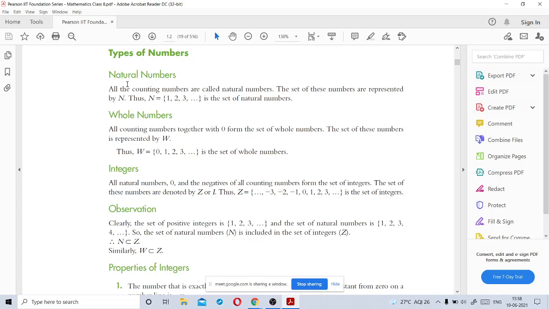Let us recollect them. First type of numbers is natural numbers. All counting numbers are also called natural numbers. The set of these numbers is represented by capital letter N. Thus, capital letter N is equal to the set of 1, 2, 3 and so on, which is the set of natural numbers. Do you remember?